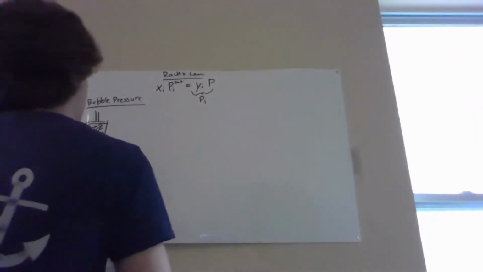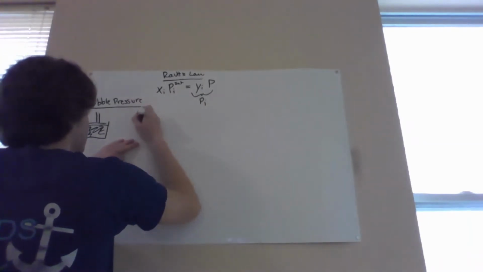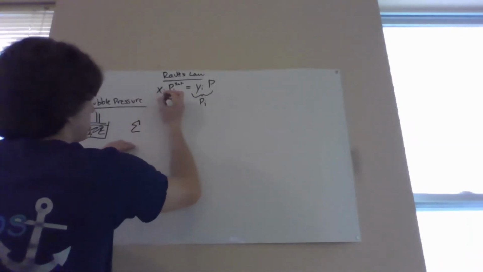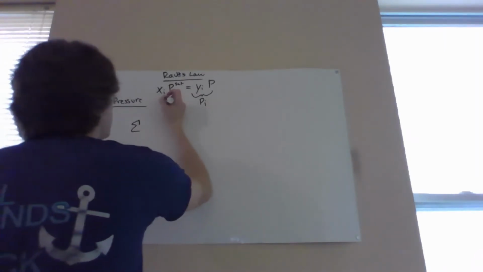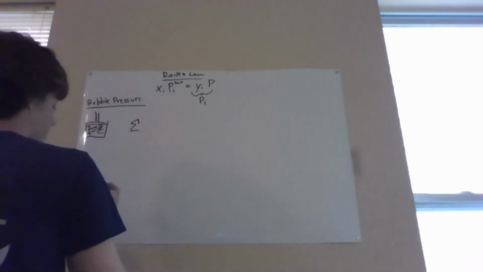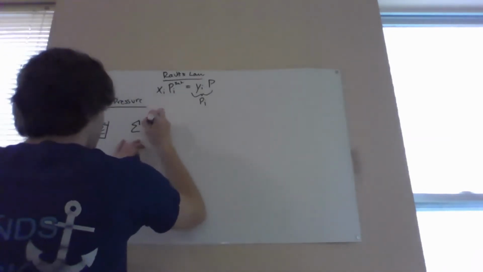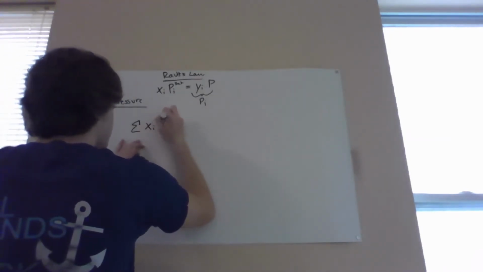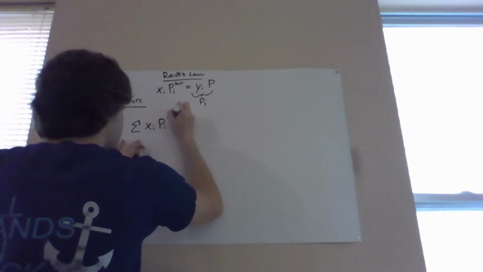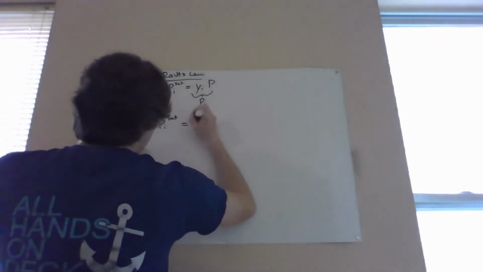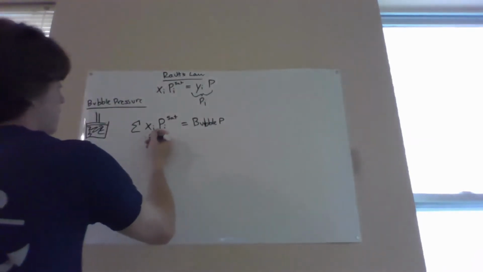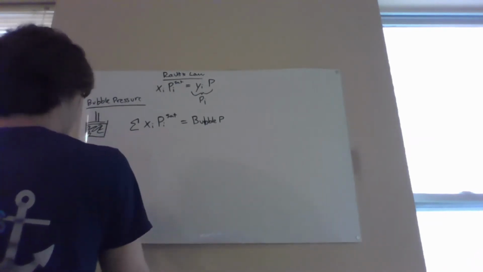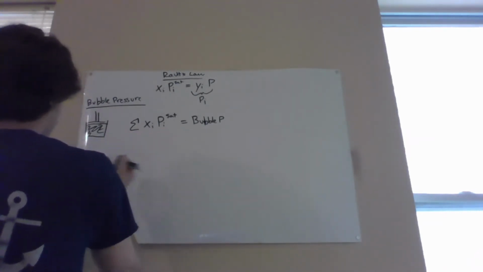So we can state this by saying the sum of the partial pressures, which is given by the liquid mole fraction of the component times its pure component saturation vapor pressure, is equal to our bubble pressure. So we'll be given the liquid mole fractions.